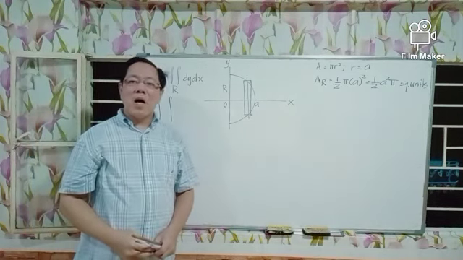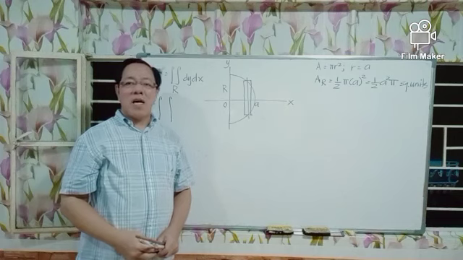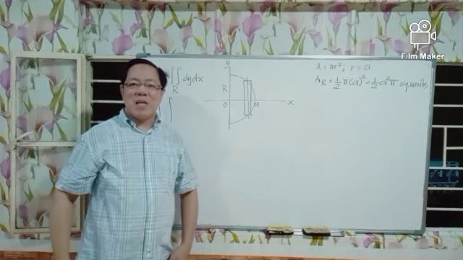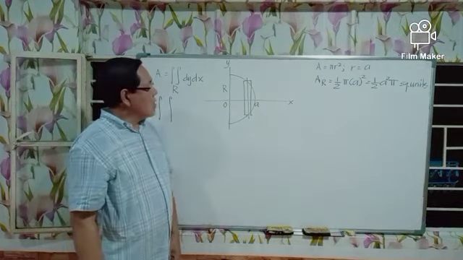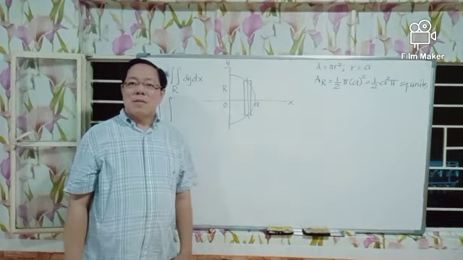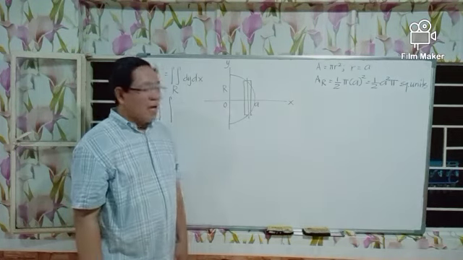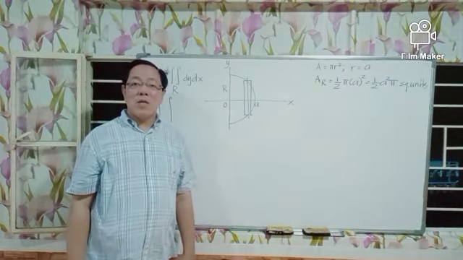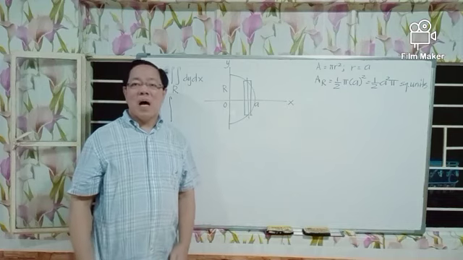Now, the equation of a circle with radius a and center at the origin is given as follows.